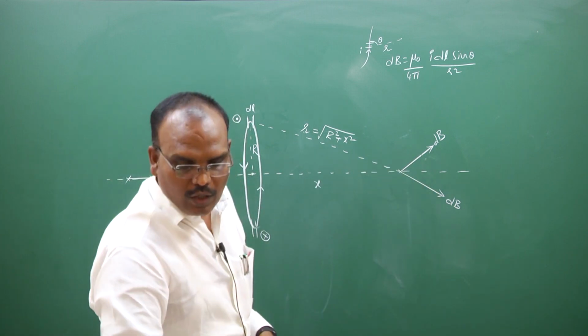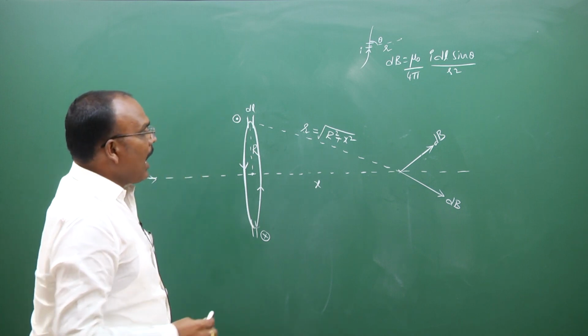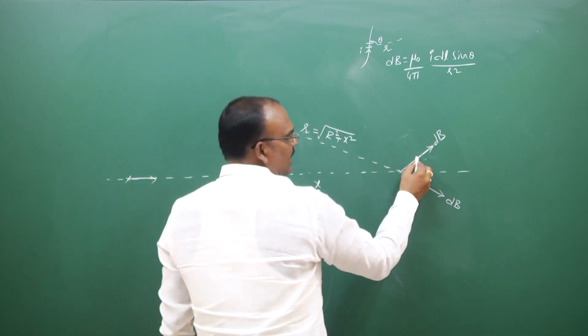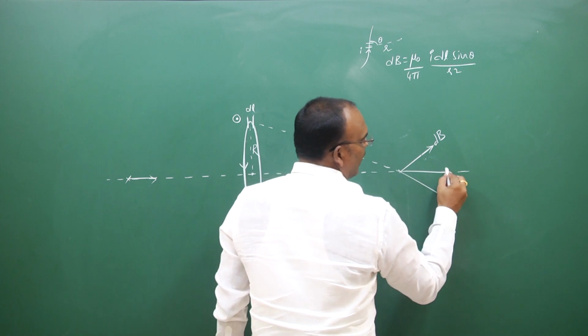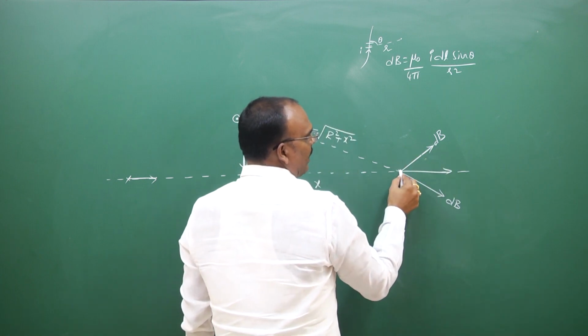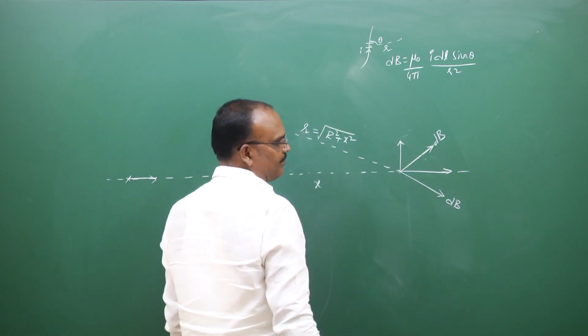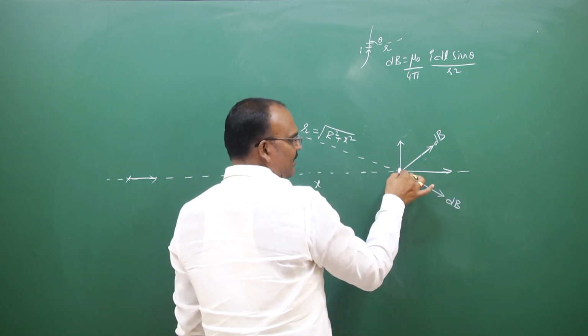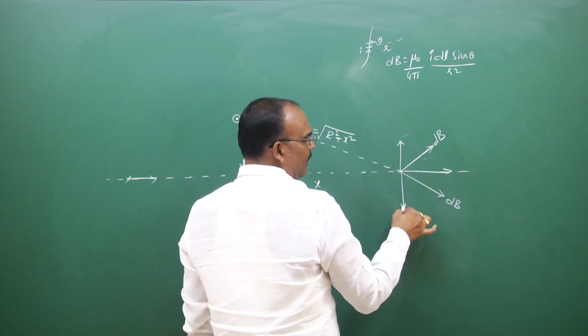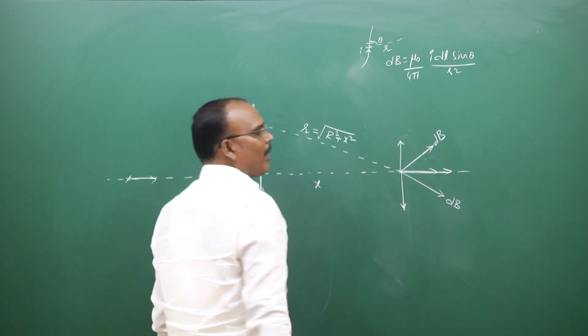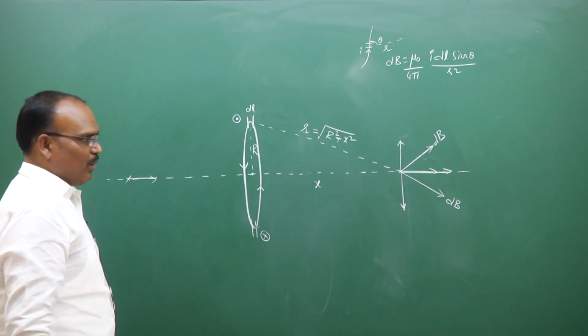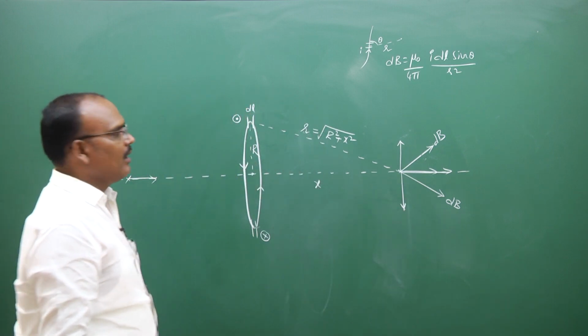Okay? So now what I am doing, I am resolving these components. One is a horizontal component, another one is a vertical component. For this vertical component, this is horizontal component. We need to name the components.